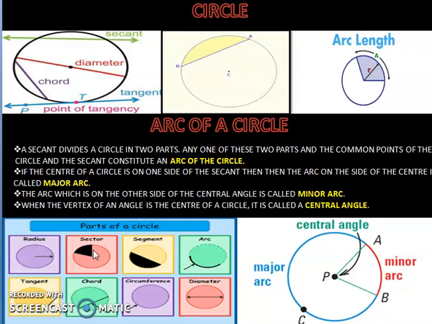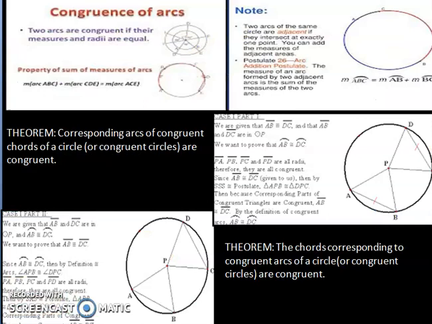This is the radius, this is the sector, this is the segment, this is the arc, this is the circumference, diameter, chord, and this is the tangent. Now move to the next section, that is congruence of arcs. Two arcs are congruent if their measures and radii are equal. You can see these concentric circles, where the radii and the measures are equal, so they are called congruent arcs. Here is the property of the sum of measures of arcs.